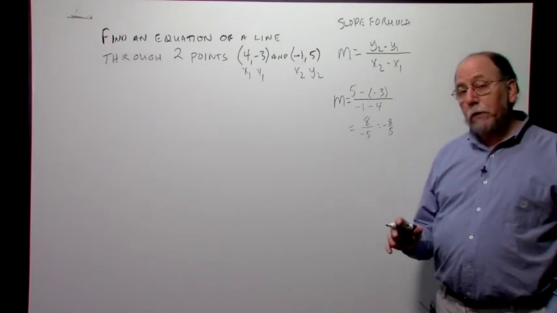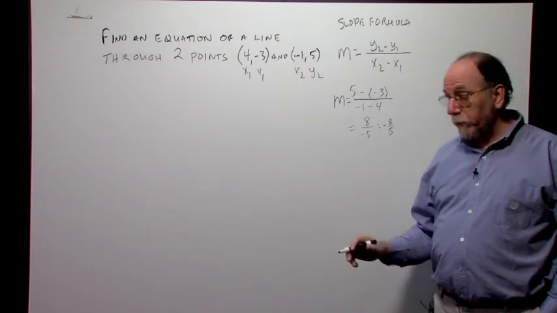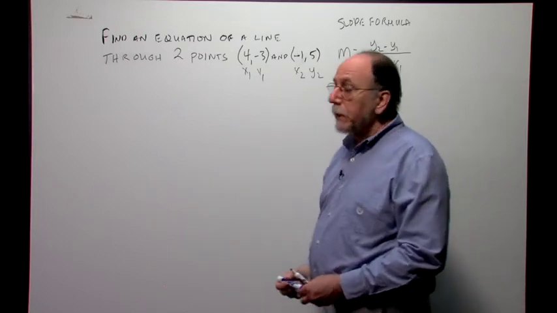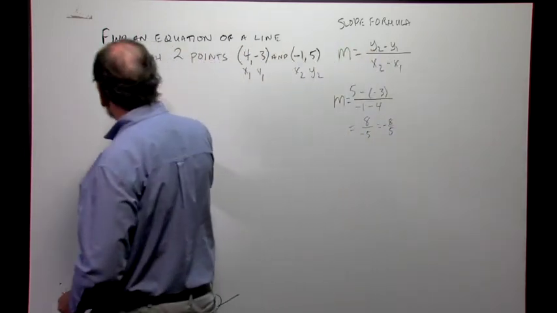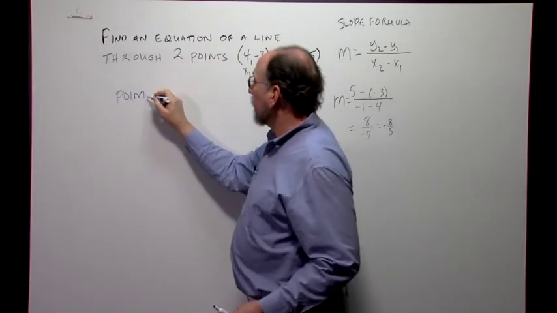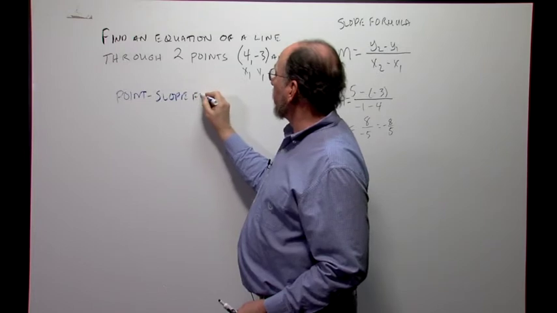Now, there's 2 ways to go about finalizing this, getting this equation that we're asked for. The first way is to use what's called the point-slope form.